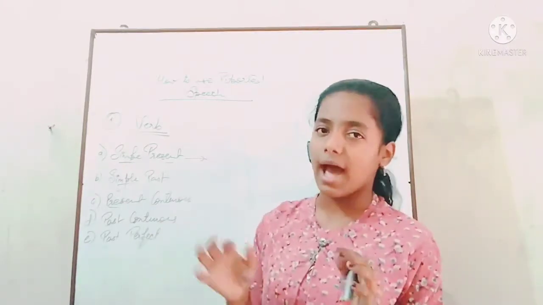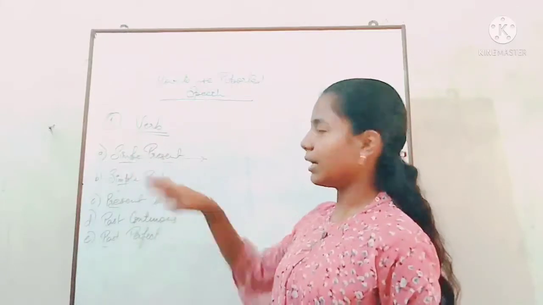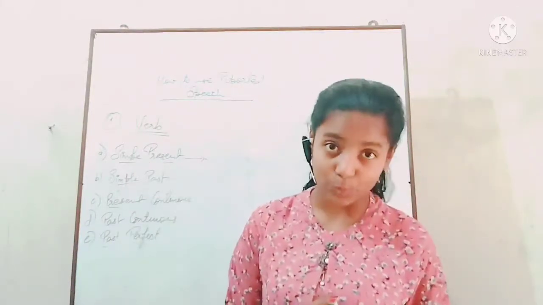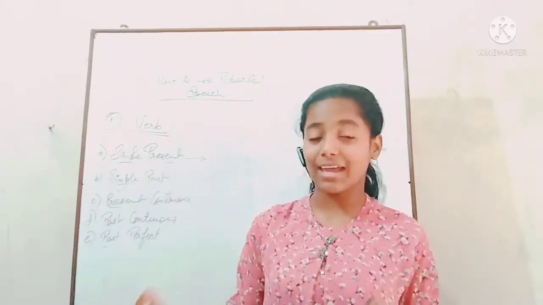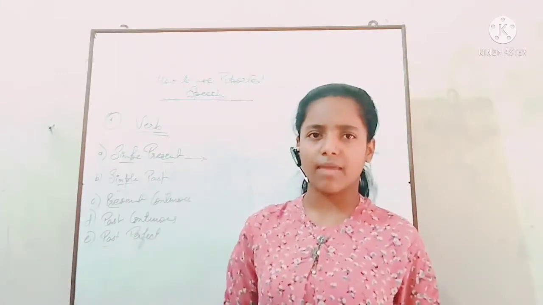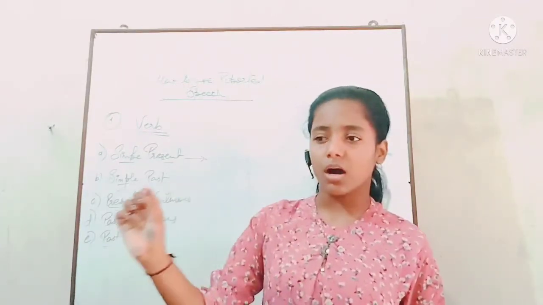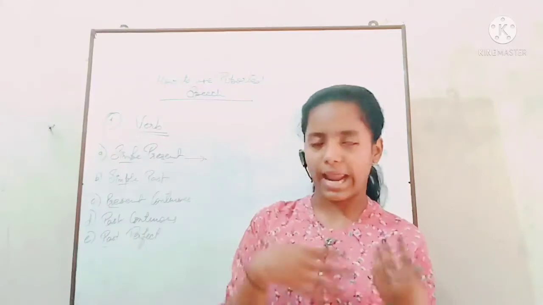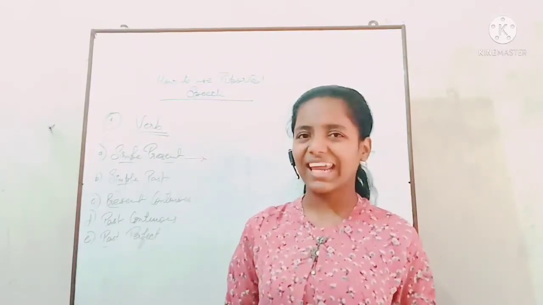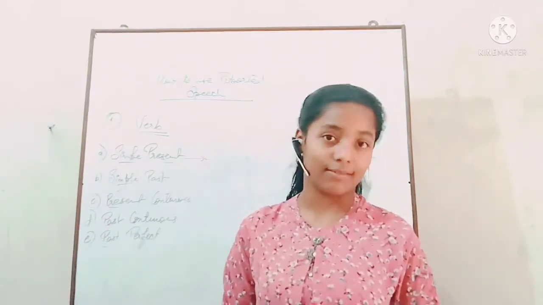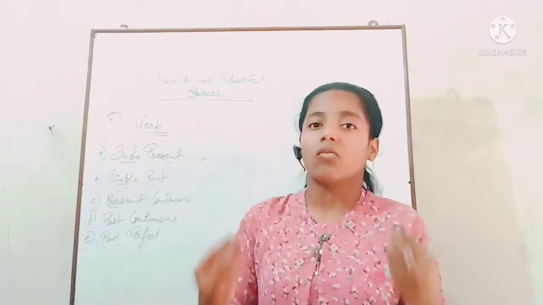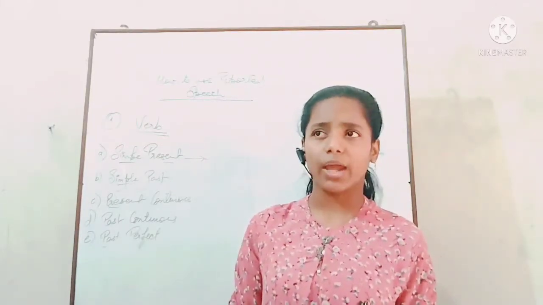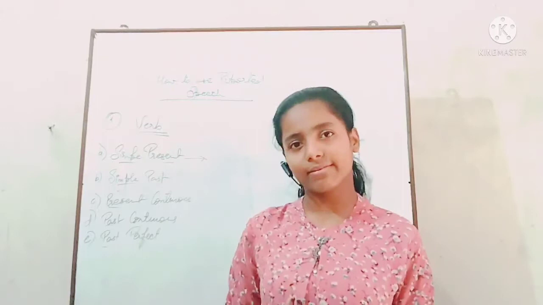What is the basic thing? In simple present tense, what is the verb that is used? Yes, right. As an example of a verb, we have taken that I write something on a board. How will we say it? Simply, I writes on the board.